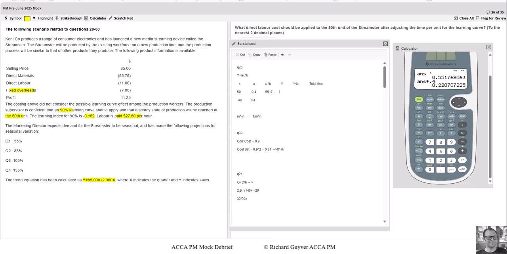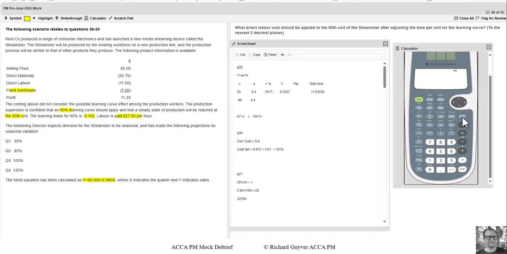Y is 0.2207. But then the next thing I would do is multiply by 50 to get the total time. So I think it's worth taking the calculation all the way to the end and keeping a fair number of decimal places. We want 2, so I've gone for 5.